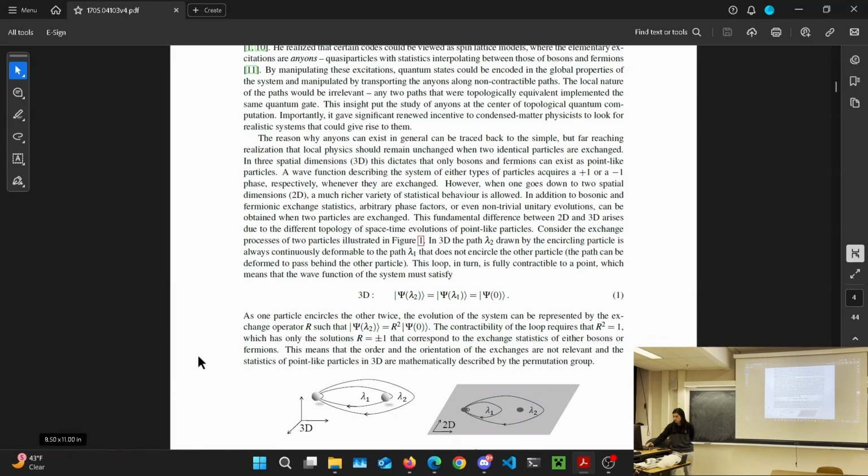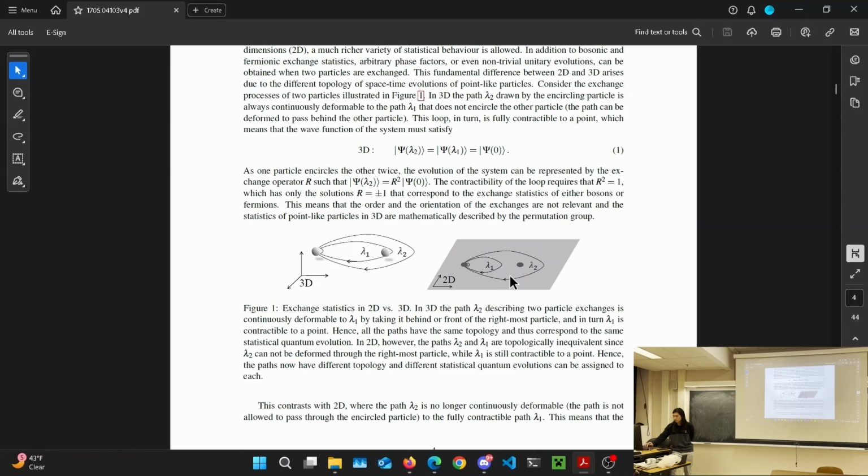And this is the thing about the loop needing to pass through the particle, like exchange statistics. Because if you're moving the particle around to the other side, you're drawing a loop around it.